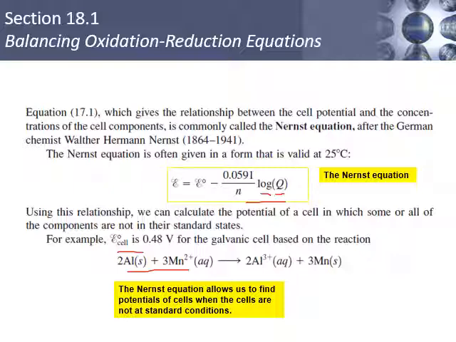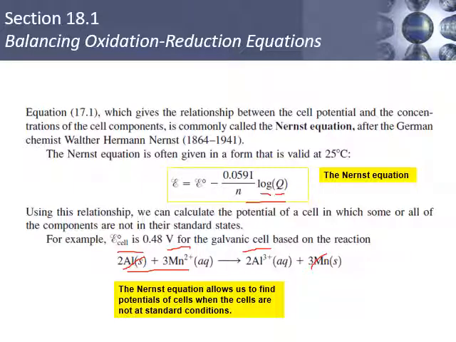So the only reactant that we care about is this one right here, Mn 2 plus. When we write the expression for Q, we would write the concentration of Mn 2 plus to the third power in the denominator, and then this would be in the numerator: Al3 plus concentration raised to the second power. And we'll just forget about the rest.